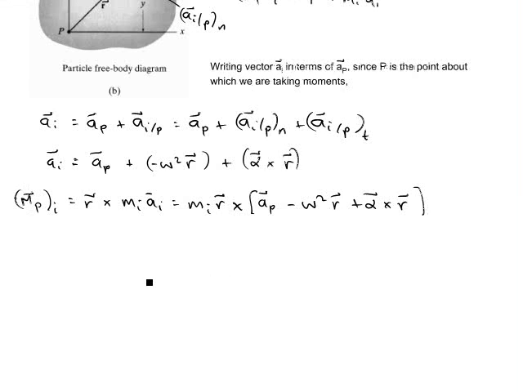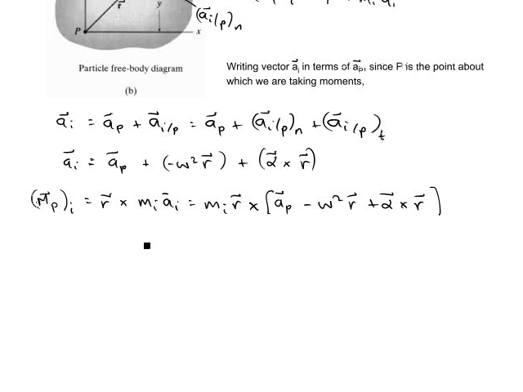Now if I expand this out one cross product at a time, I'll have mi outside of r cross ap, plus, if I do mi r crossed with minus omega squared r, that's going to be mi outside of minus omega squared r cross r.